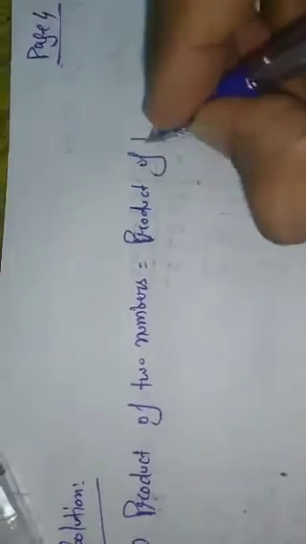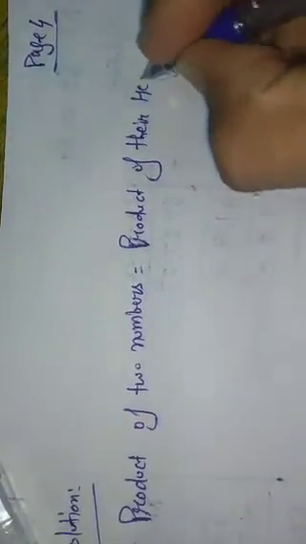As you know from the previous page, in A part the missing number is the second number.